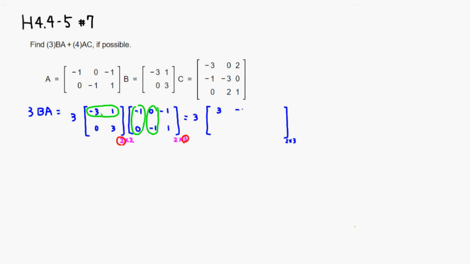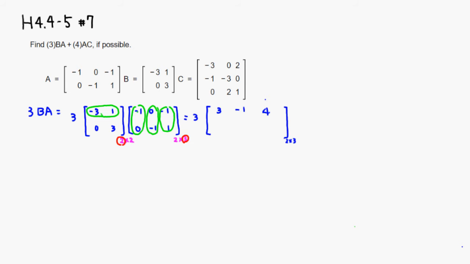Then first row times the third column: negative 3 times negative 1 is positive 3, plus 1 times 1, so 3 plus 1 is 4. That's the first row.